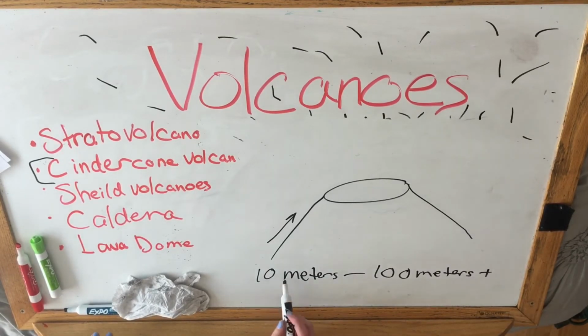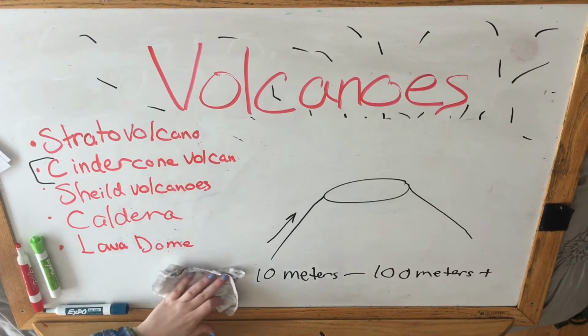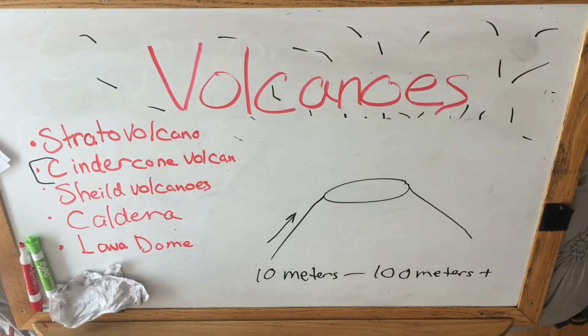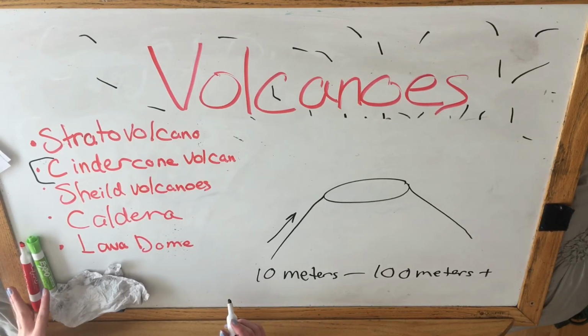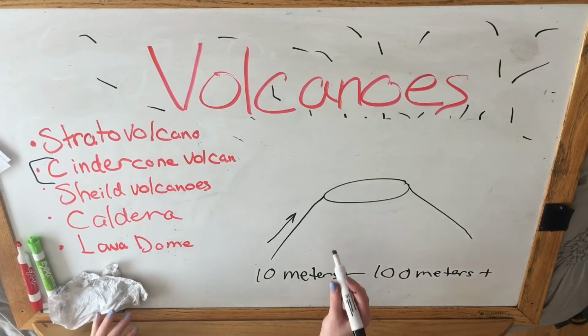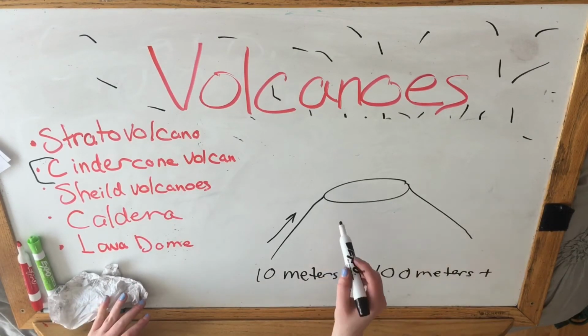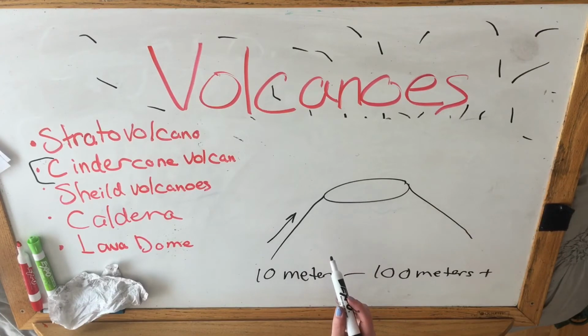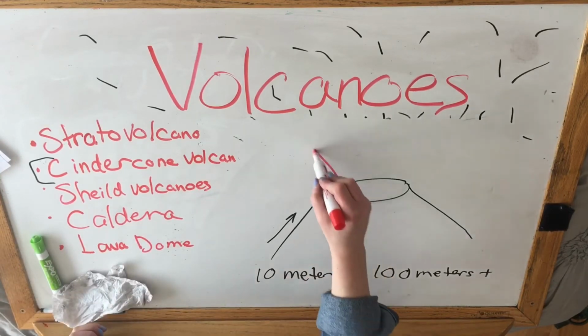A meter is about 3 feet, so this is about 30 feet to 300 feet, something like that. A cinder cone volcano is a glassy volcanic fragment, and it is a downward wind from a volcanic vent. The characteristics include that it shoots lava and ash high into the air.